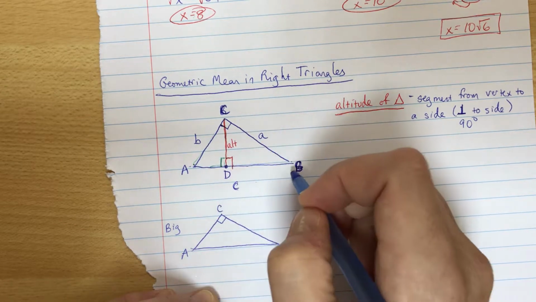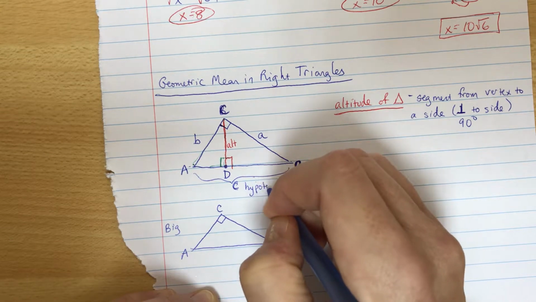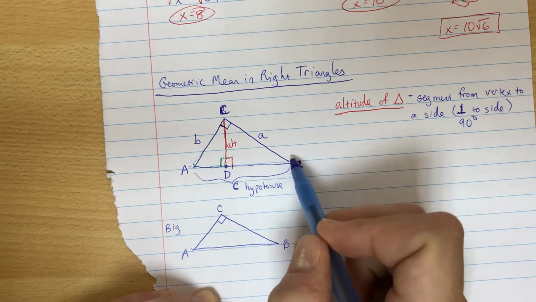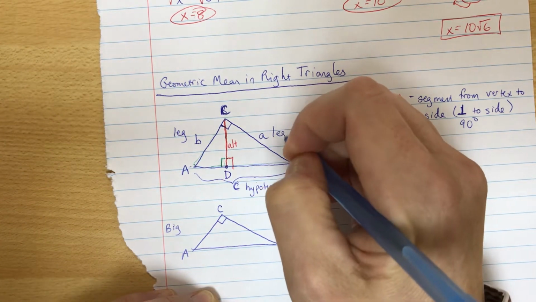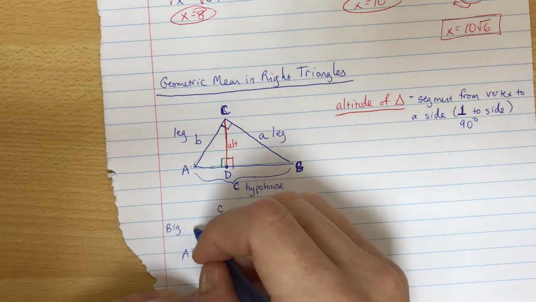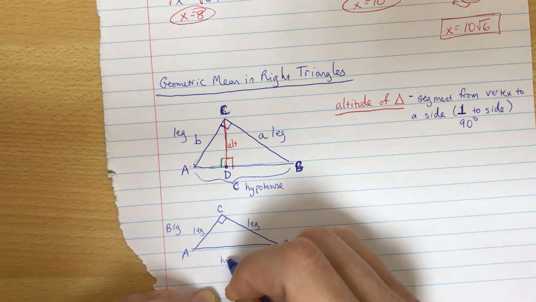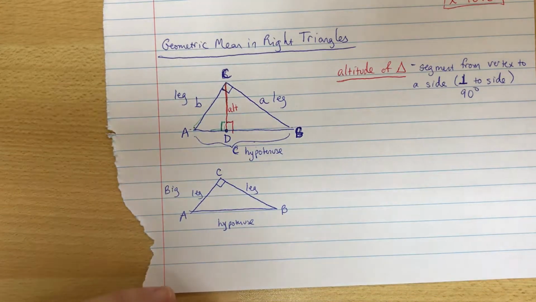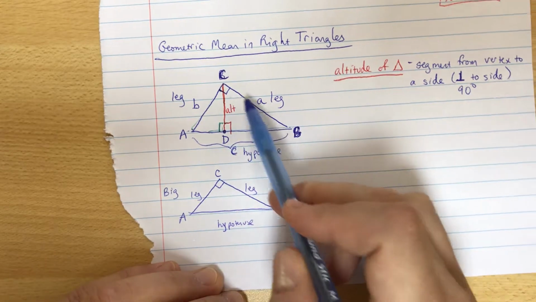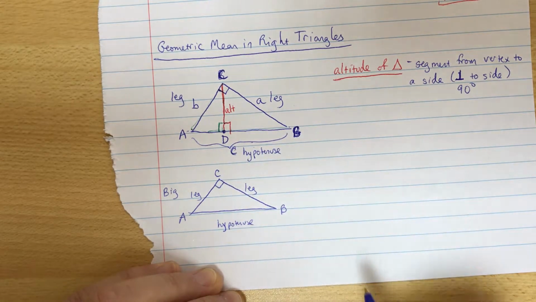In the big triangle, the long side is called the hypotenuse, and the two sides that make the right angle are called legs. So in the big picture, here's a leg, and here's the hypotenuse. Right there. Leg, hypotenuse. Now the legs are different. They're not the same. So we've got leg, here's the hypotenuse.